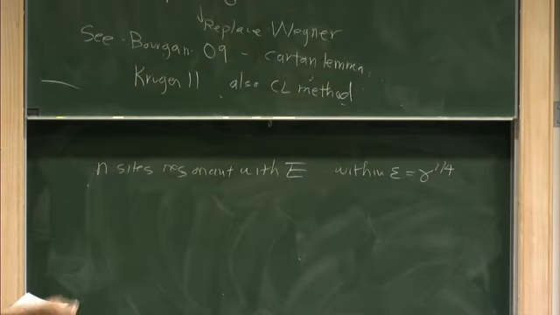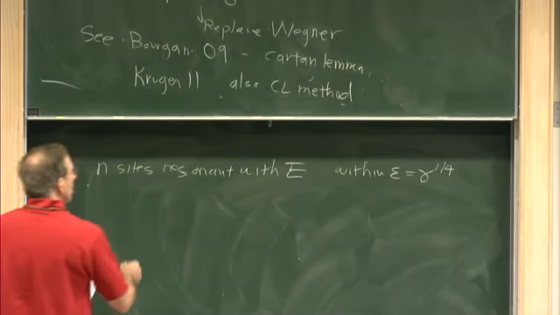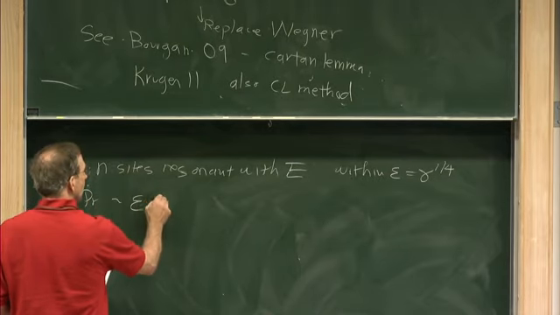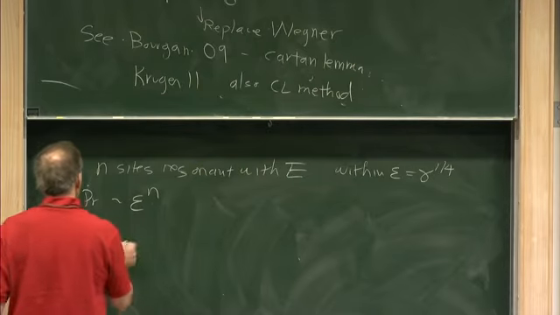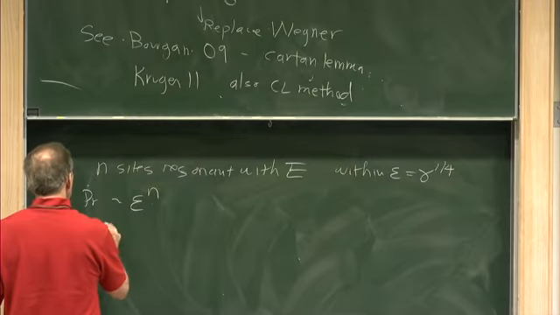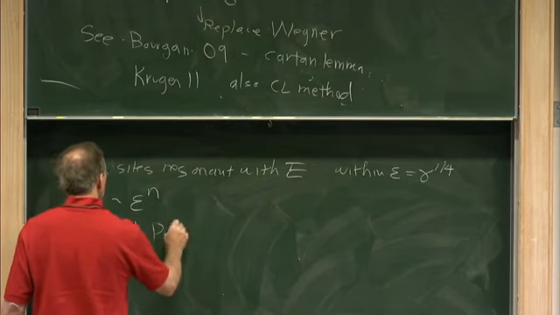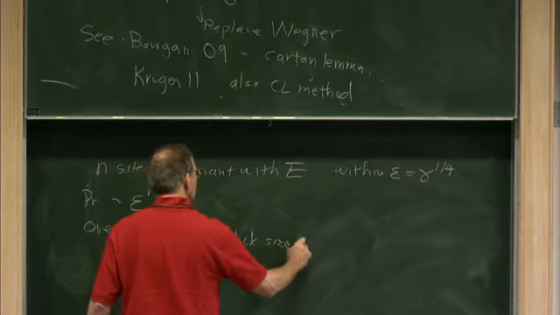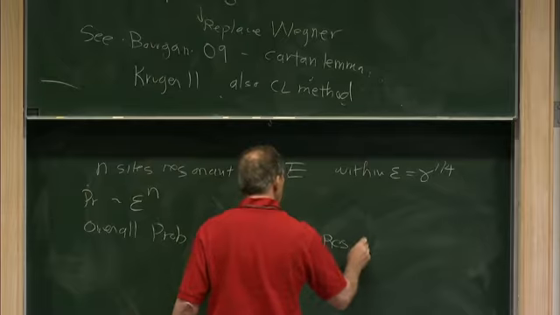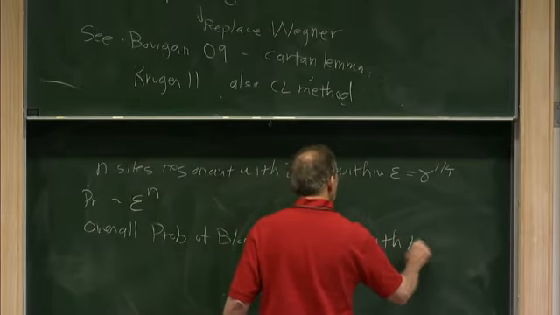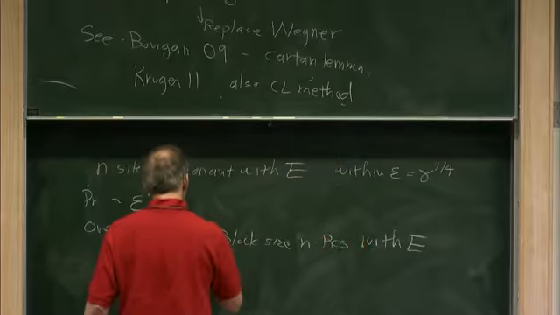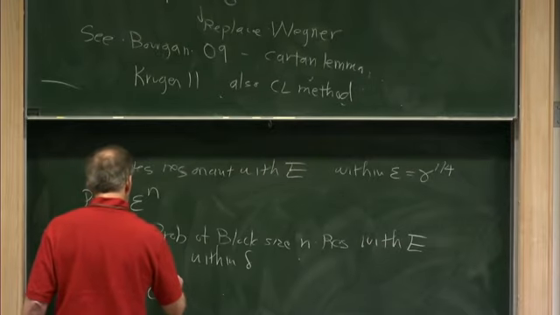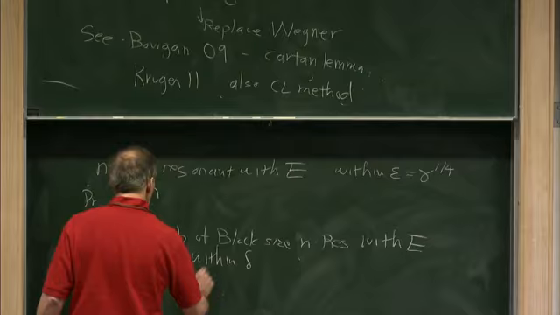So epsilon is going to be a small number. The probability of that is something like epsilon to the n. So overall, the probability of a block of size n resonant with E to within delta is going like epsilon to the n times delta to the 1 over 2n.